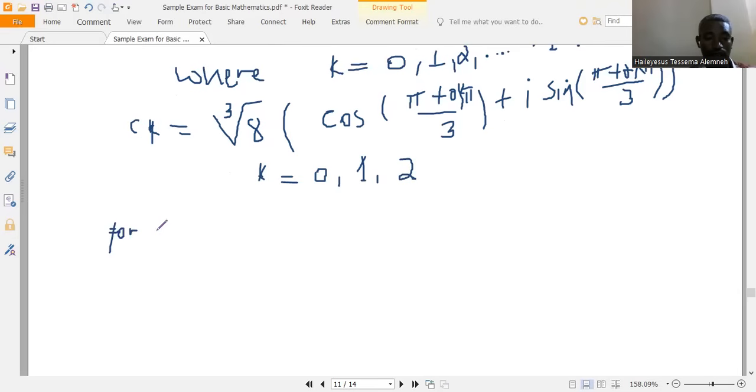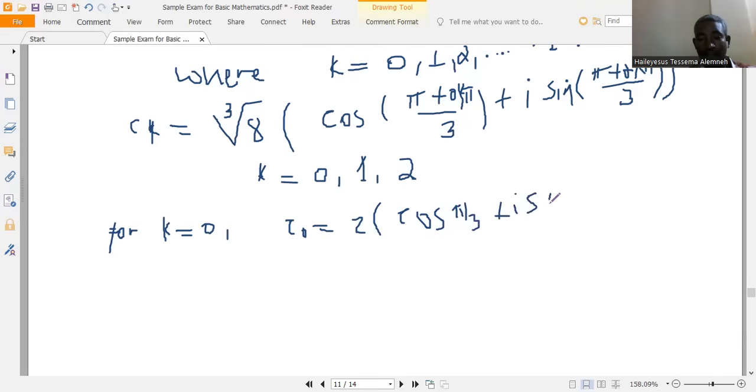For k equal to 0, c_0 is the cubic root of 8, which is 2, times cos pi over 3 plus i times sine pi over 3.